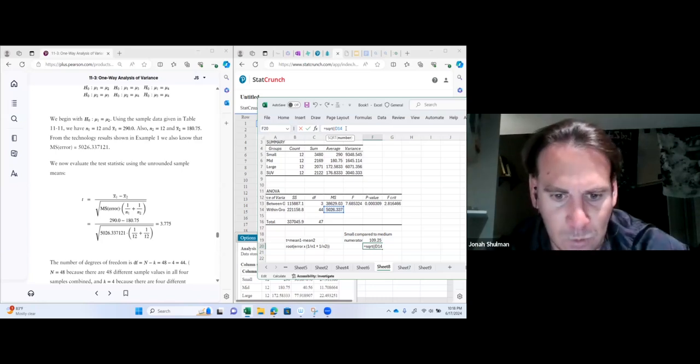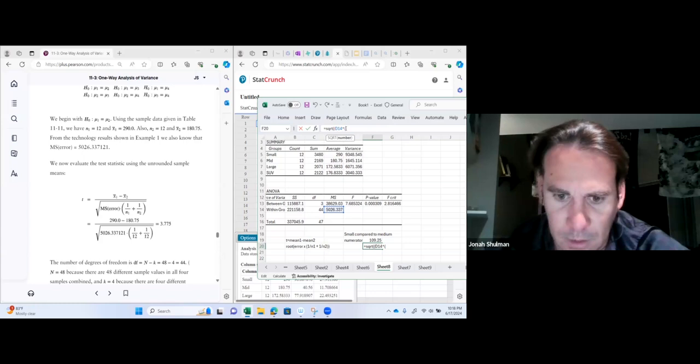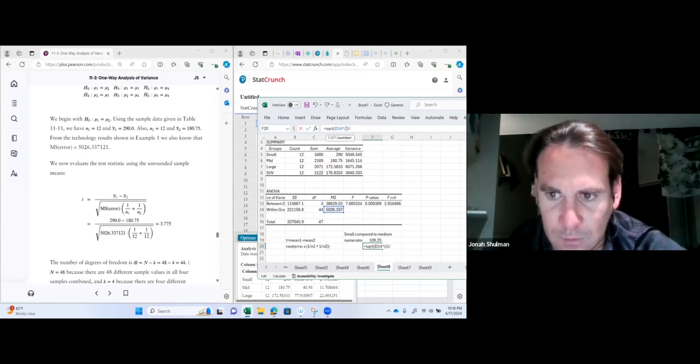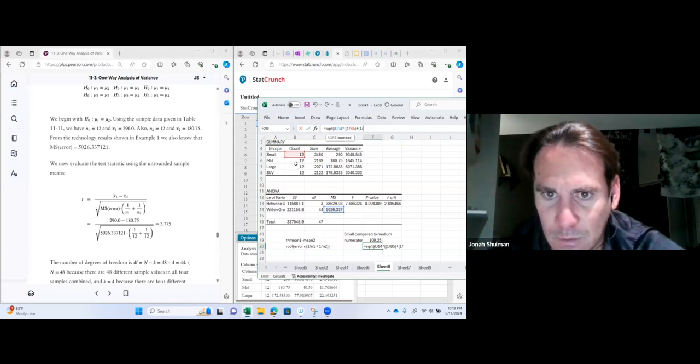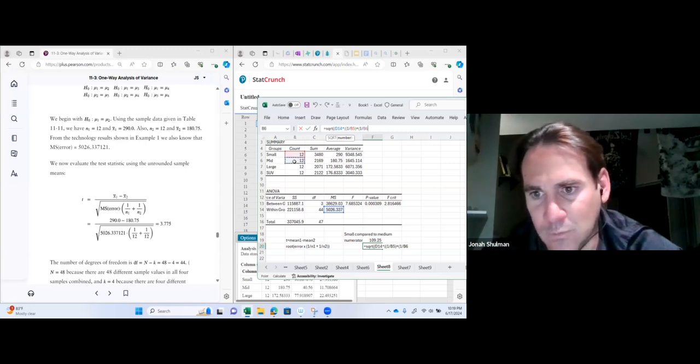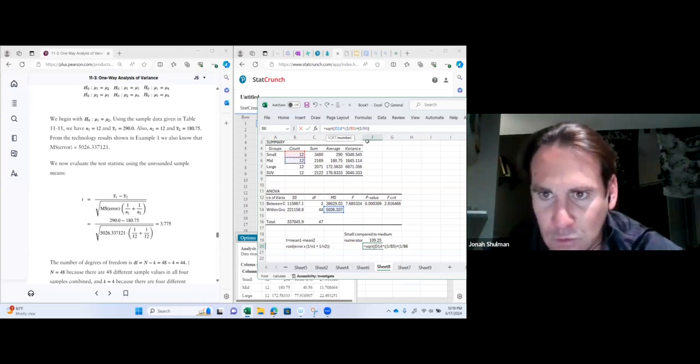All right, and then I have to multiply this by, I need another parentheses here, 1 divided by 12. Okay, close that, plus 1 divided by which one? This 12. They're usually going to be the same value. Close.